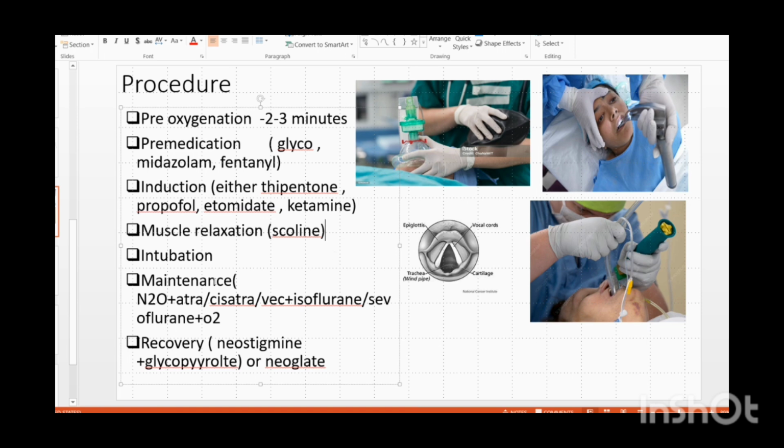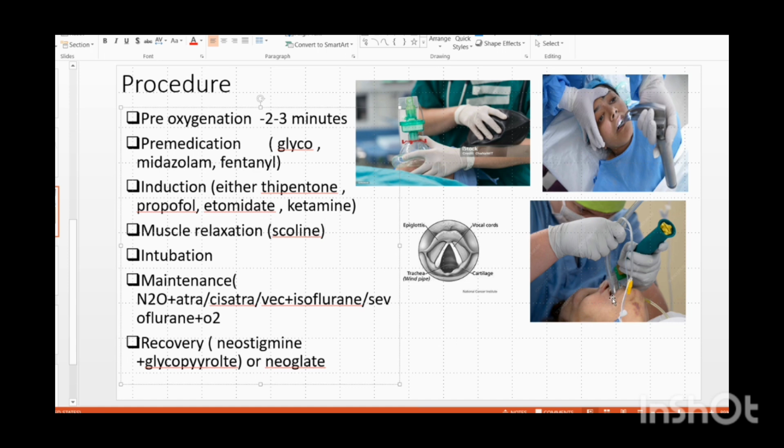Next, you can see here, after visibility of the structures, they'll insert the ET tube. After inserting the ET tube, the patient will be settled down.